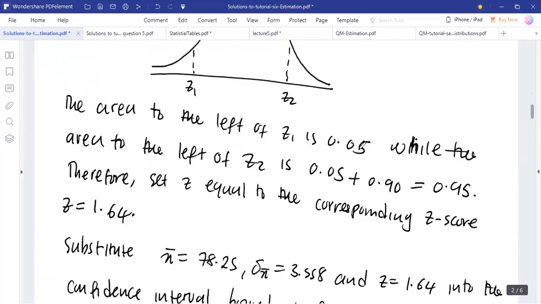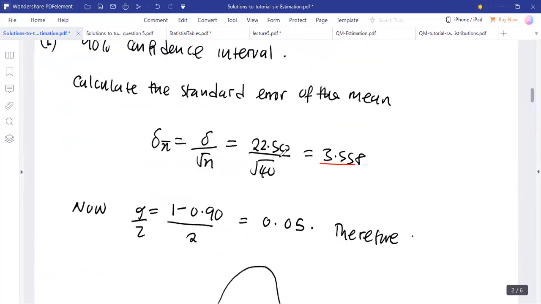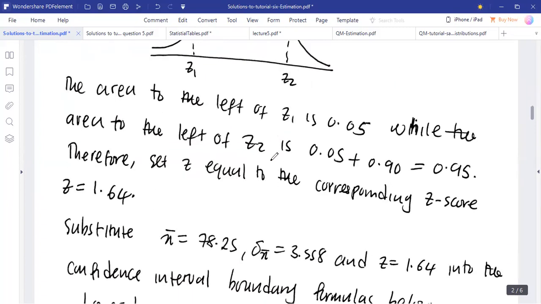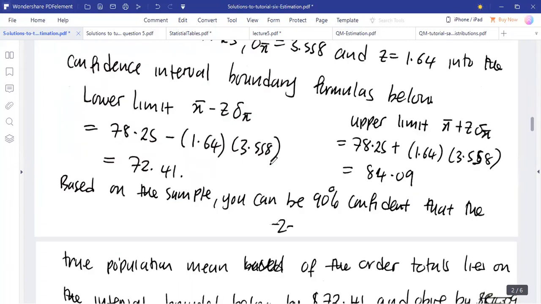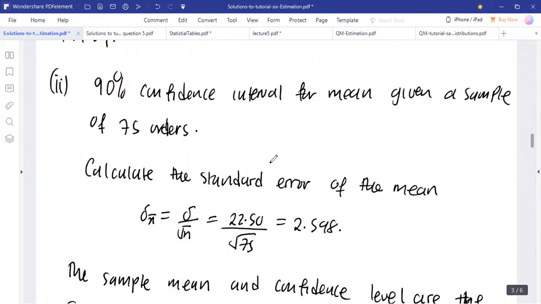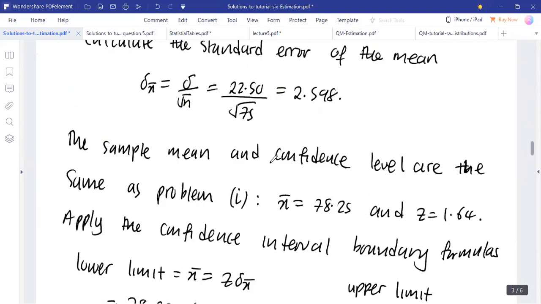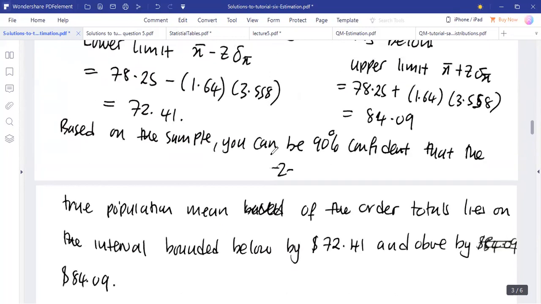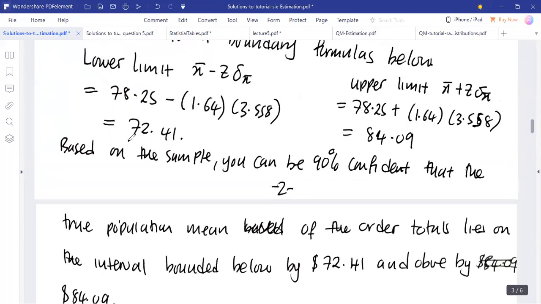Since here we're using a sample size of 40, you see the confidence interval that we're getting. At 40, our confidence interval will be between 72.41 and 84.09.